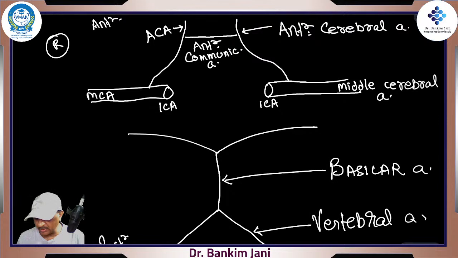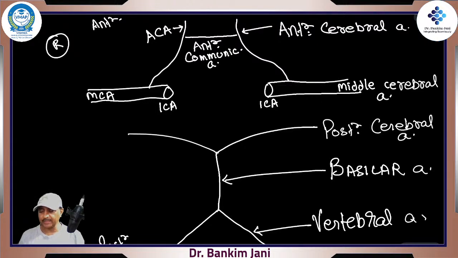So see how we have done. We have planned everything with reference to cerebral arteries. There is the anterior cerebral artery, the middle cerebral artery, and this is the posterior cerebral artery. The part which the internal carotid artery is taking care of is what is called the anterior circulation, and the posterior cerebral and basilar and all the way down is the posterior circulation.